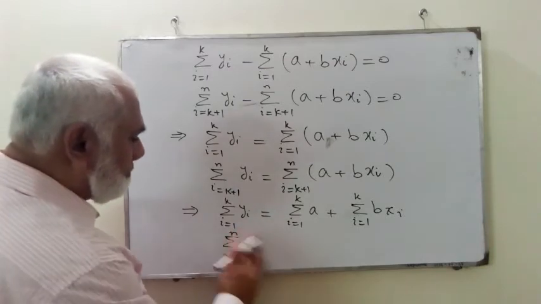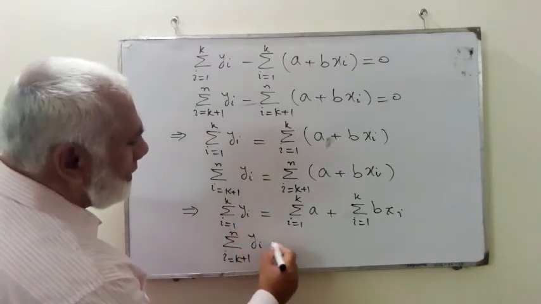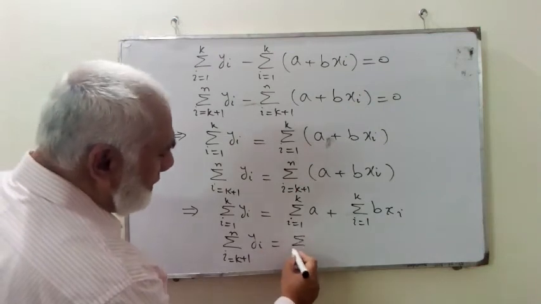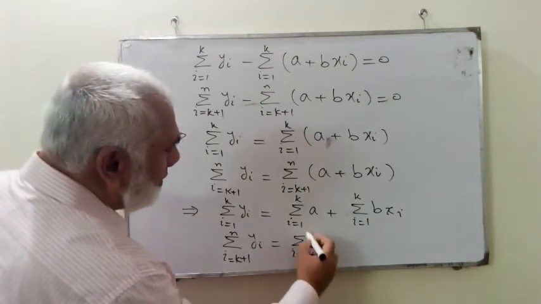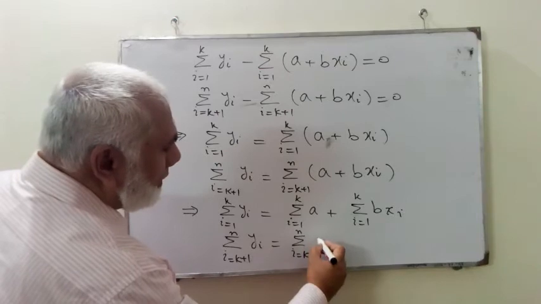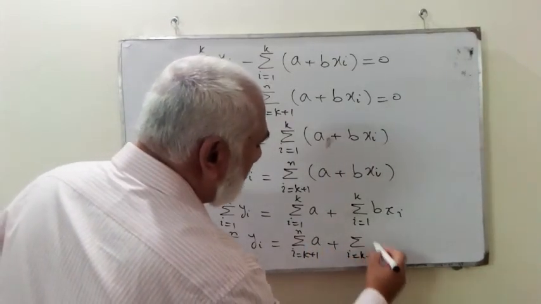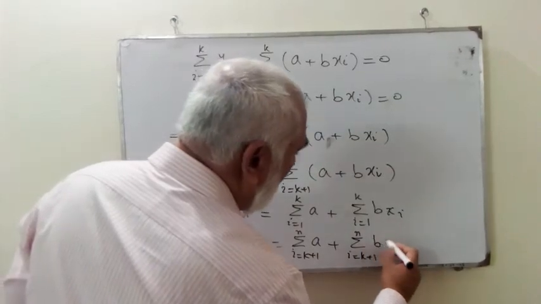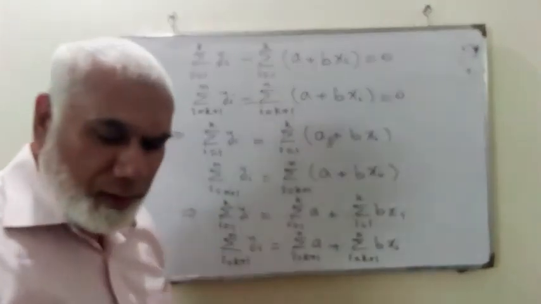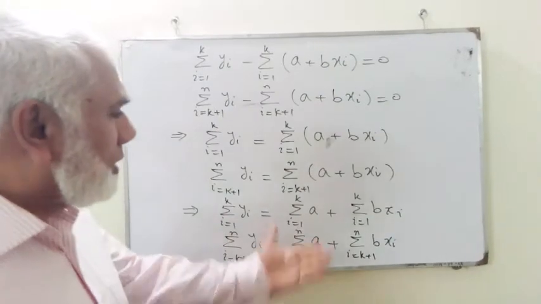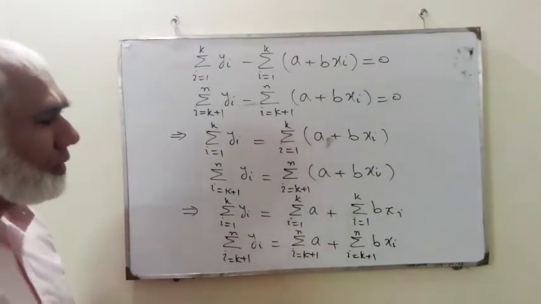of yi is equal to sigma i equals k plus 1 to n of a plus sigma i equals k plus 1 to n of b xi. Okay, this is a very straightforward distribution of the sigma notation inside the bracket.